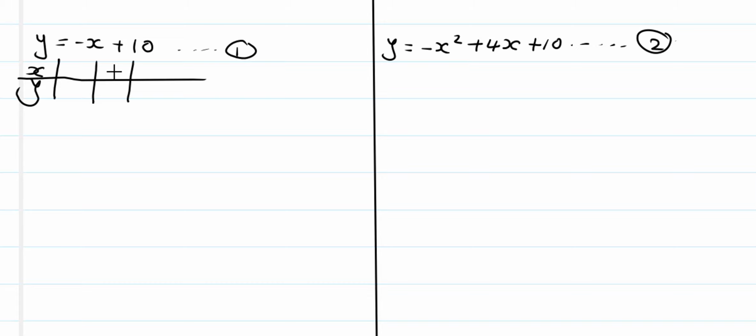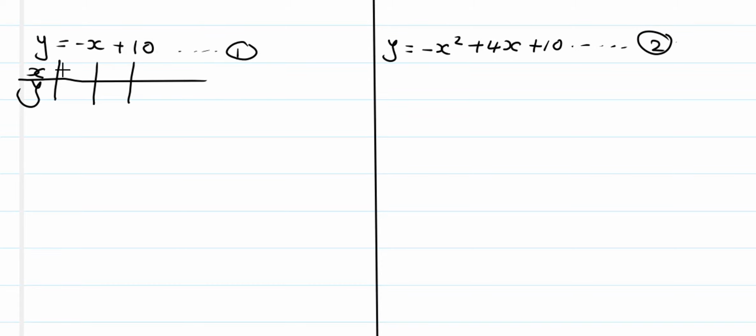Let's say we guess x is 0. Then y = -0 + 10, which is just 0 + 10, so y becomes 10. How about if I guess x is 2?